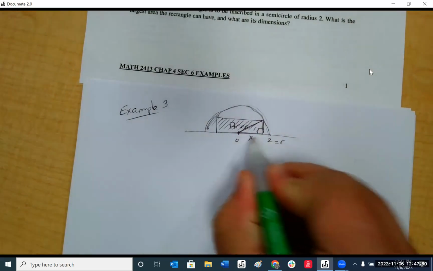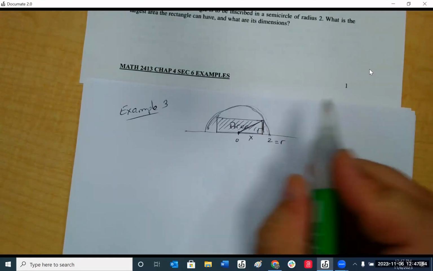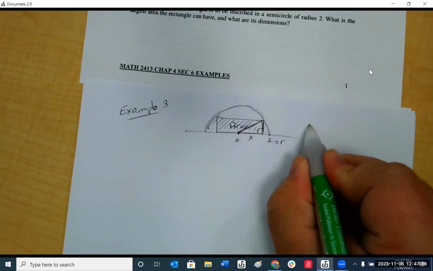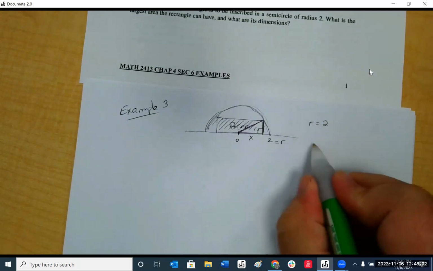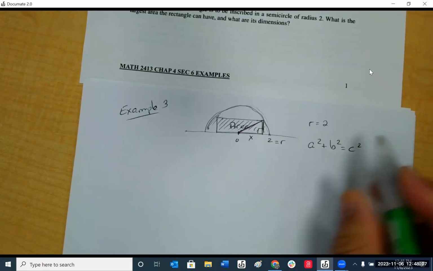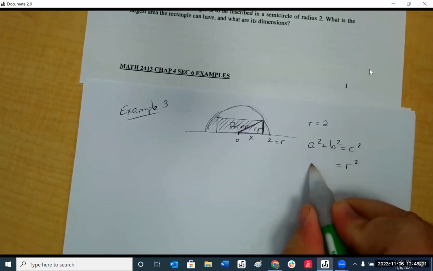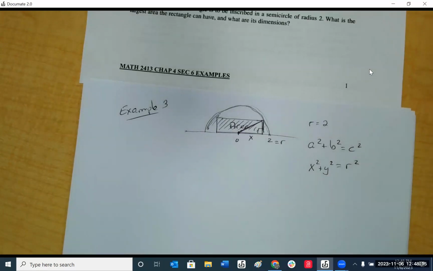So what is the x? And then we have to find out what is y. So we know the radius is 2. So we'll use a squared plus b squared equals c squared. Instead of c squared, it's r squared. So it's x squared plus y squared equals r squared.